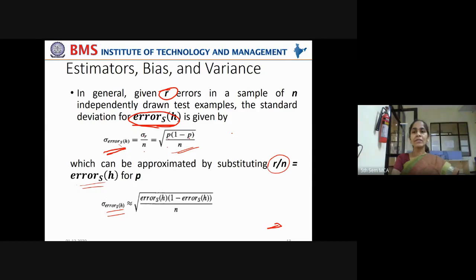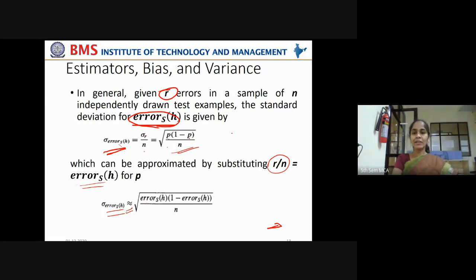So sigma, the standard deviation for the sample error, can be approximately equated to the square root of, instead of p, you can substitute the sample error, because it is an unbiased estimate, because r by n is equal to p. Instead of p you can substitute r by n, and r by n is nothing but your sample error.